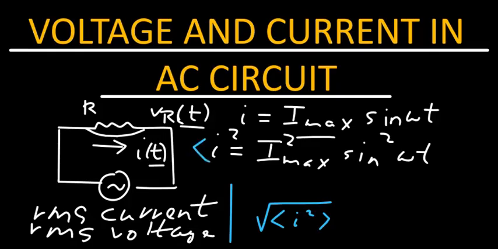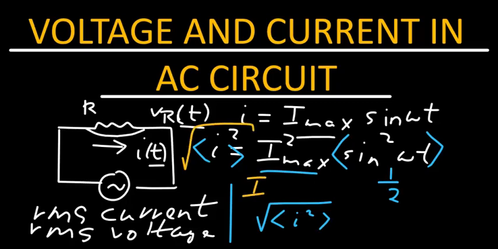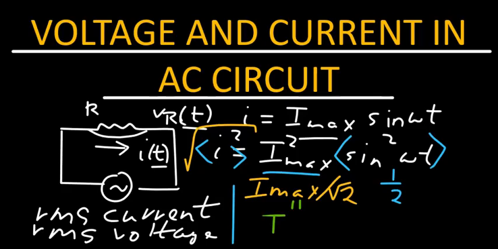So average of this square equals, this is a constant, times the average of that term. Average of a sine squared over a complete cycle is just half. Now when you take the square root of that, you get I max over square root 2. So this is what we called the RMS current.